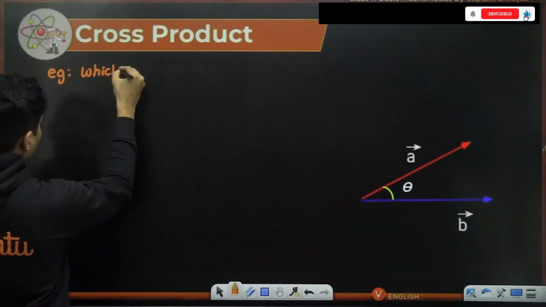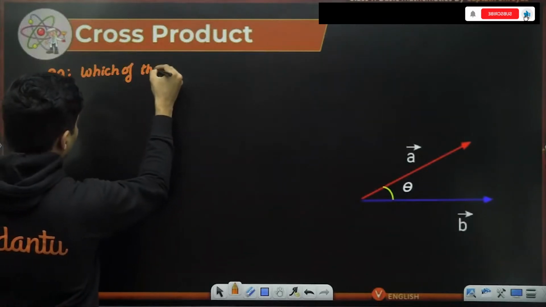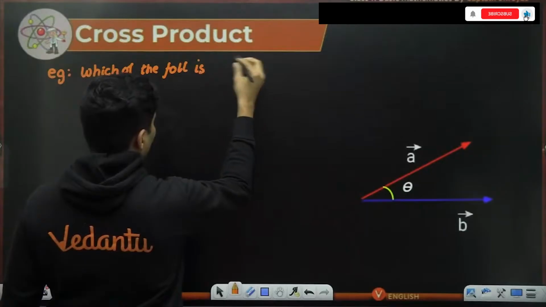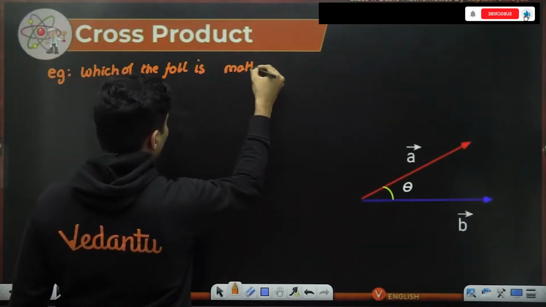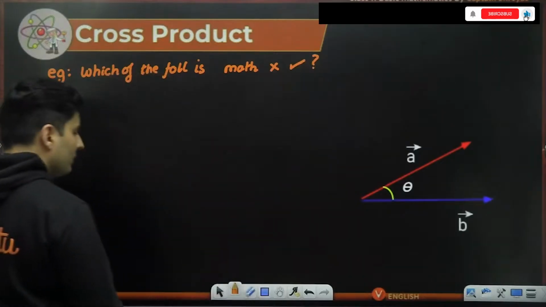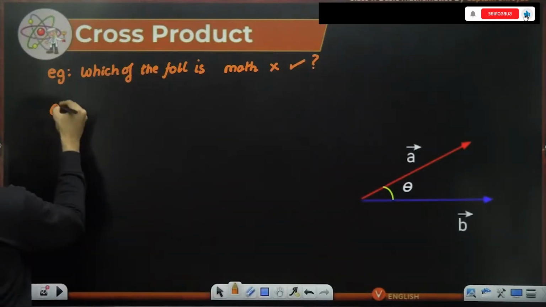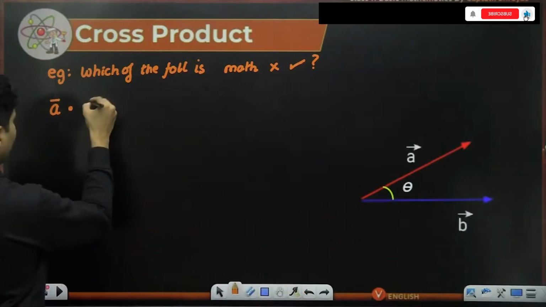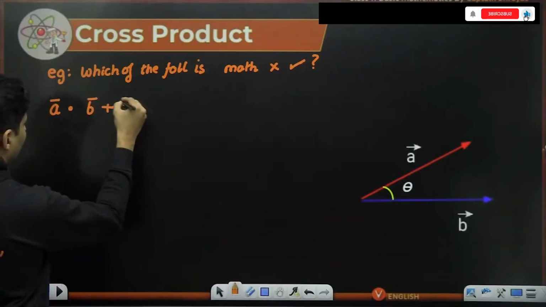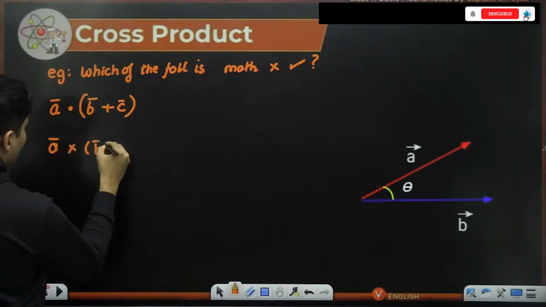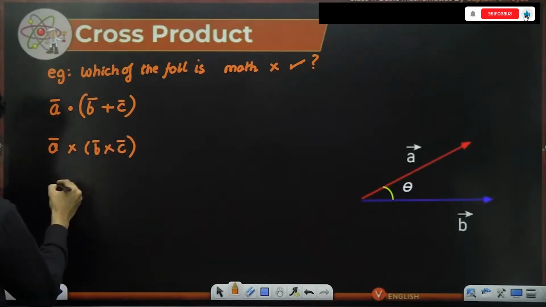Which of the following is mathematically correct or wrong? A vector dot B bar plus C bar. A vector cross B plus C bar.